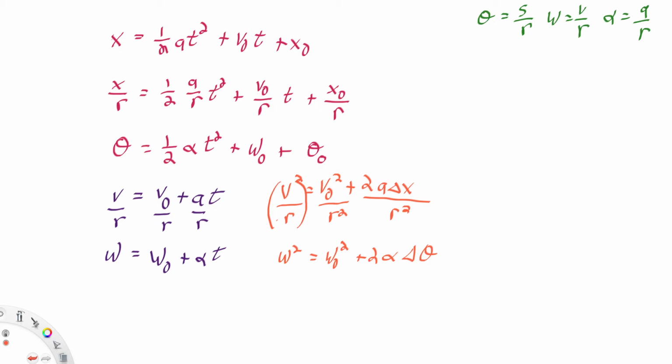Okay. So these kinematic equations work exactly the same as our linear kinematic equations. Let's say that you have a mechanical hard drive, and you may know that it has a rotational speed of 7,200 rotations per minute when it is active.